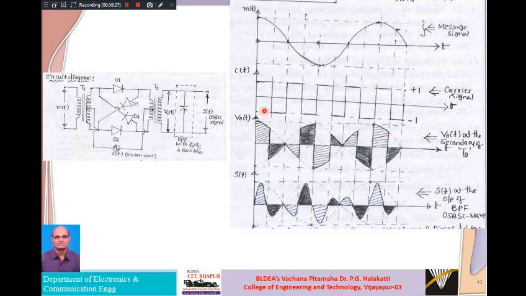Now during the positive peak of this carrier, what we are getting is plus m of t. V naught of t, how will you draw it here, that is nothing but what we are getting at the secondary of T2.